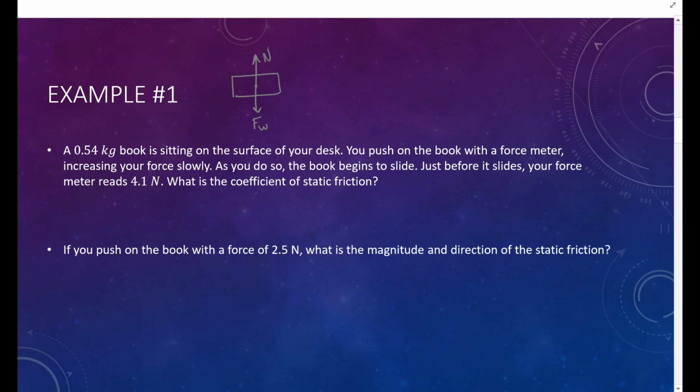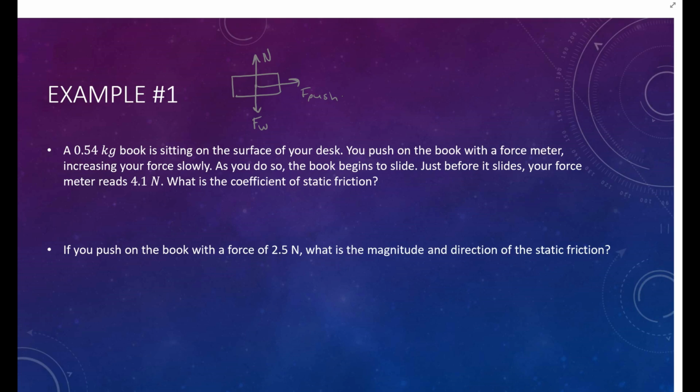We're pushing on the book, so it has the force of a push. We can put it in either direction we want. We can put it to the right or to the left. I like the right. You want to go to the right? Okay. And what's counteracting our push? Friction. The static friction. And it's going to be in the opposite direction. It's opposite the direction our book wants to move.